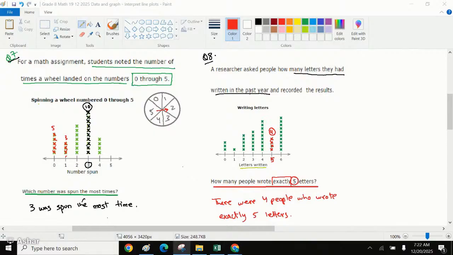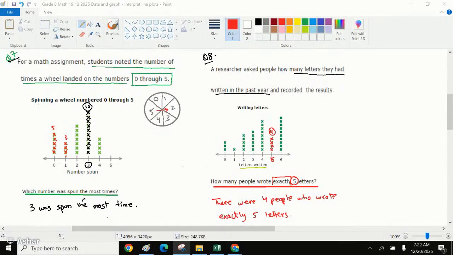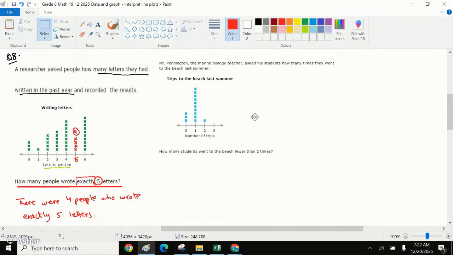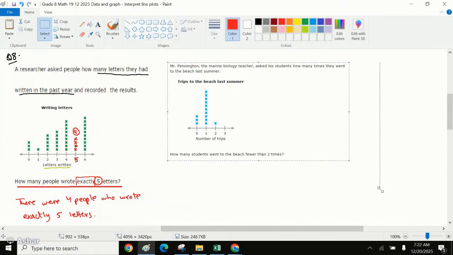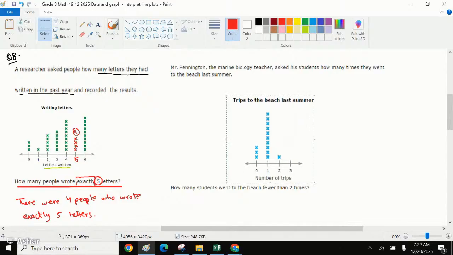Okay. The next question says, let me just copy the question. Question number 9 says this. I'll just arrange them so that we have more space.